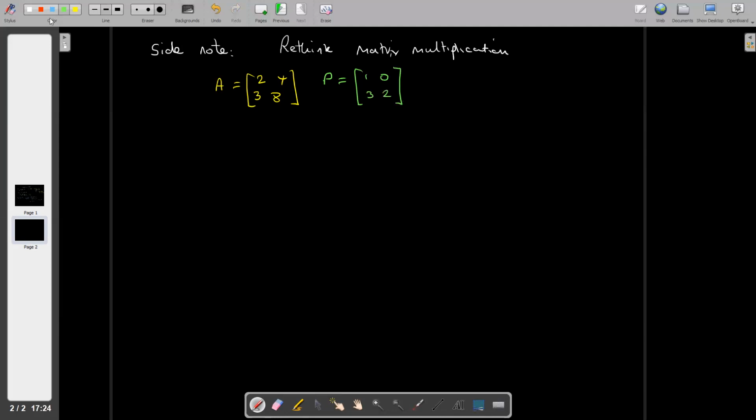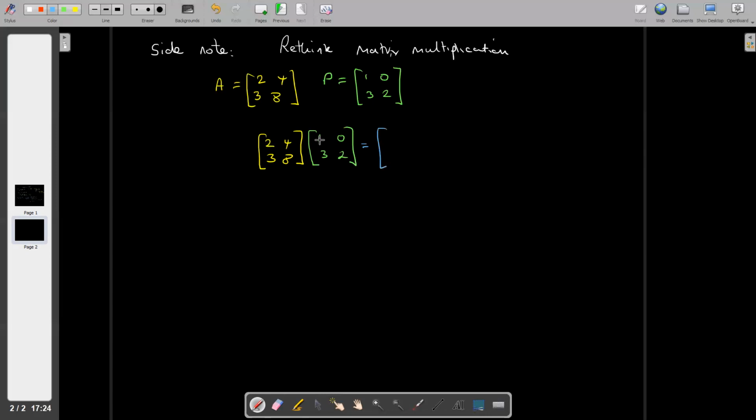I can compute the product of these matrices really simply. So I'm going to do 2, 4, 3, 8 times 1, 0, 3, 2, and let's do it.